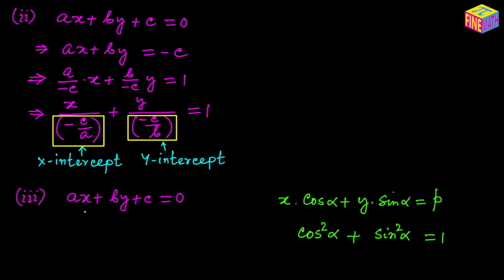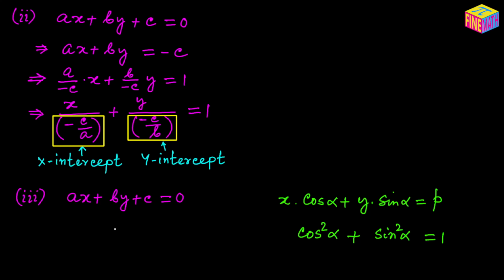Now here we see that the coefficient of x is a in the general form and the coefficient of y is b in the general form. Now we are going to try and find out what factor we need to multiply on both sides of this equation so that the sum of the squares of the coefficients of x and y would be equal to 1.